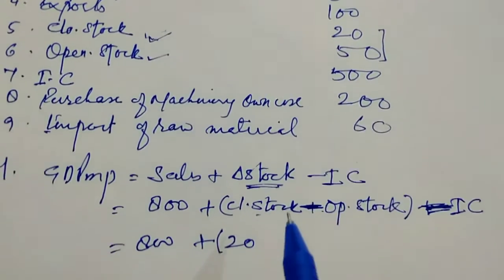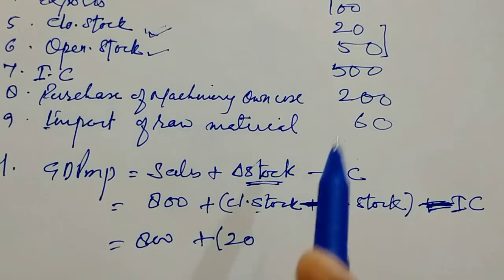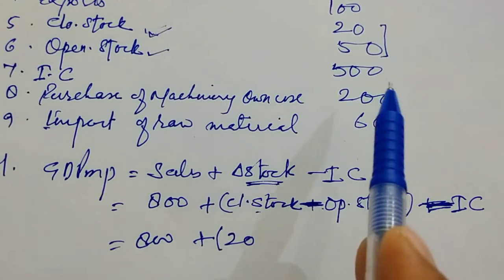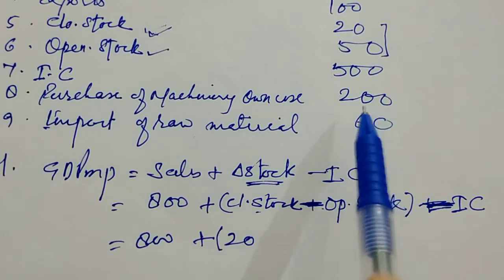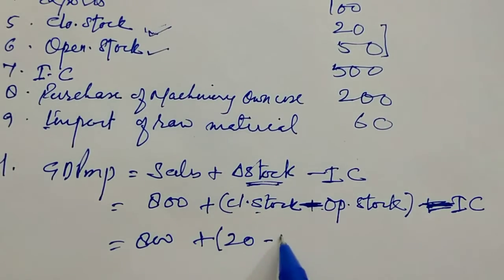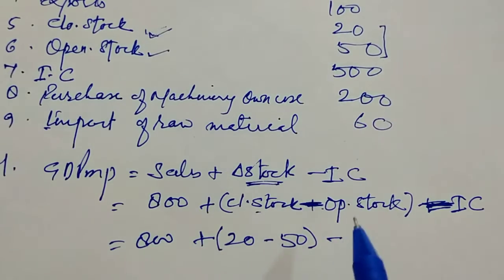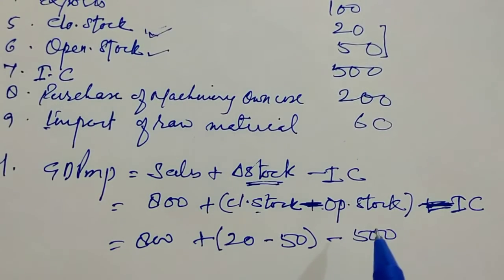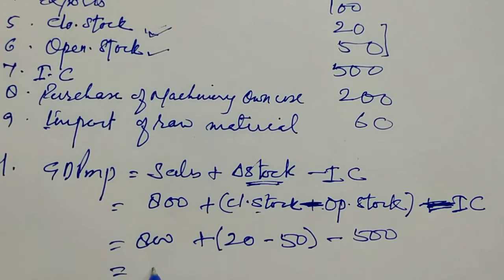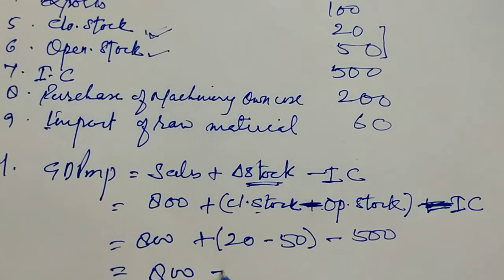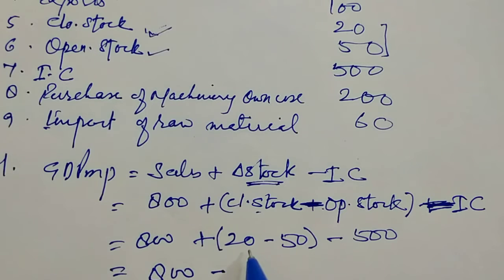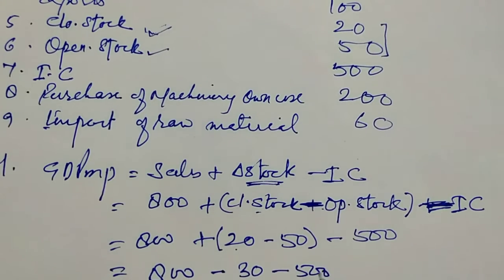Opening stock is 50, so minus 50, and minus intermediate consumption 500. So 20 minus 50 is minus 30, and minus 500.